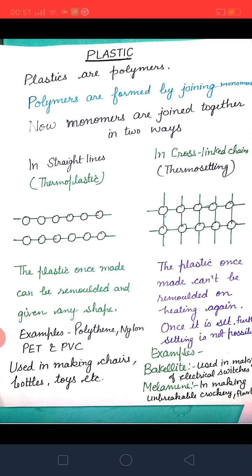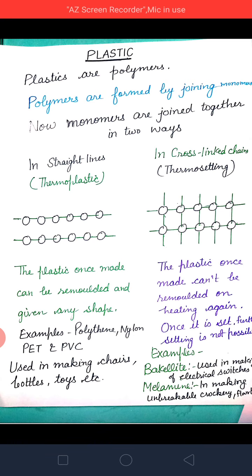Okay, now see, thermoplastic can be remolded and given any shape on heat. If we heat this thermoplastic, then we can remold it into any shape. Whereas thermosetting plastic, once made, can't be remolded.